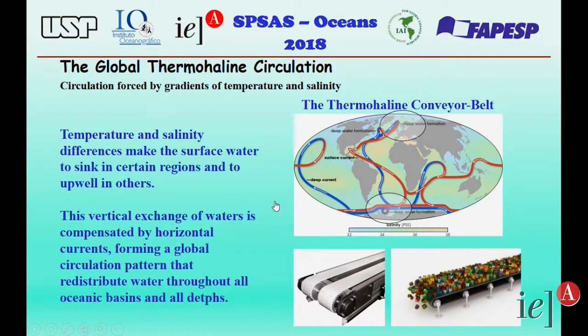And the question is, well, what is sinking? Is the surface of the ocean going to be depleted of water? Is a big hole going to appear at the surface of the ocean because the water is sinking? No, because the water that sinks would create a region with less water, but nature hates vacuum.